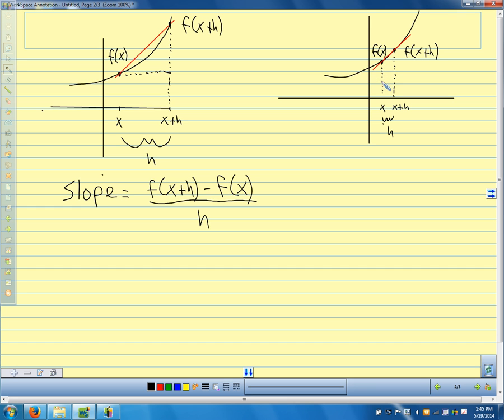So what we're doing is taking the limit as h approaches 0. x plus h is getting really, really close to x. The secant line gets closer and closer to the tangent line.